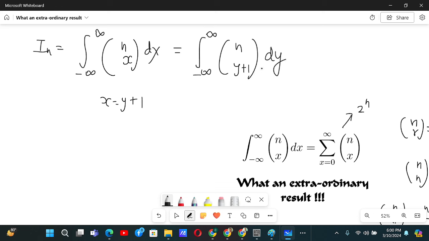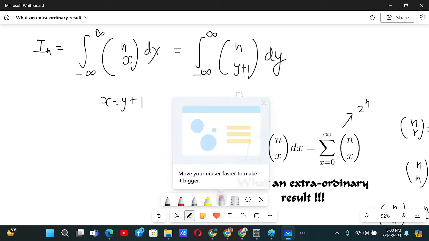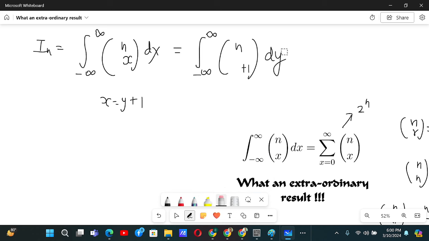And note that since this is a dummy variable, I can again write this as x. So these two are actually equal integrals, denoted by I of n. So I can say that 2 times I of n is the sum of these two.